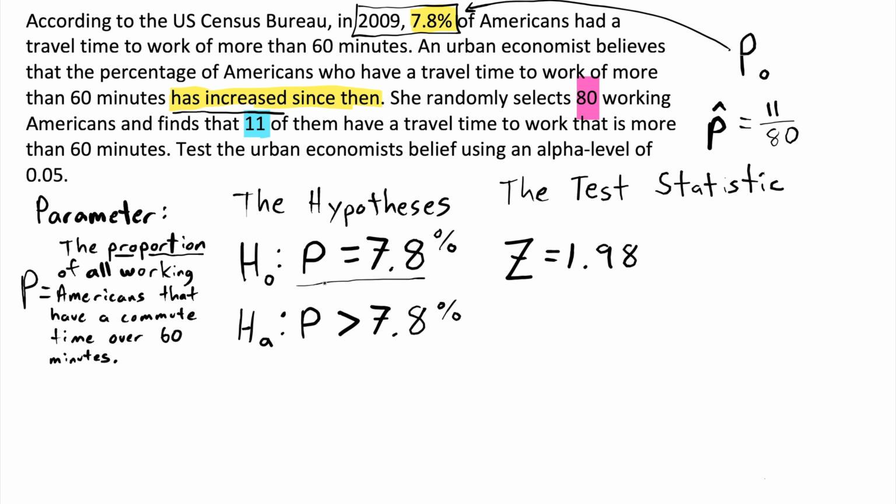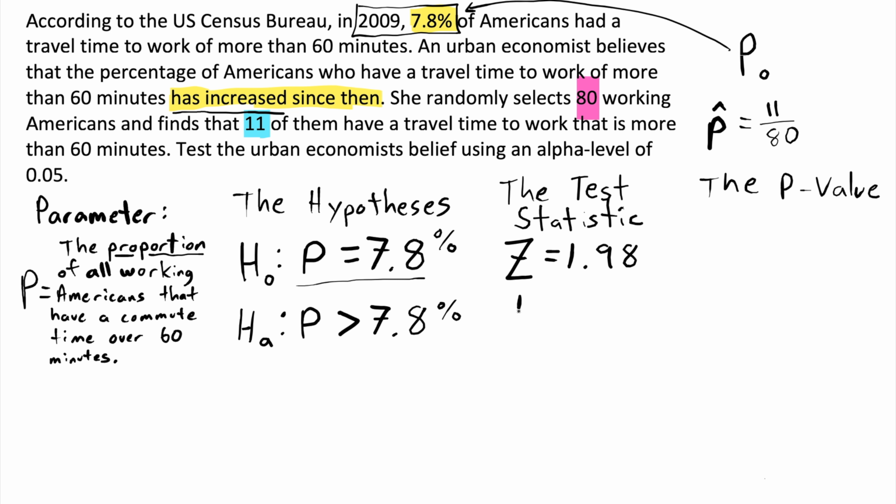So if 7.8% of working Americans currently have a commute time more than 60 minutes, the result of getting 11 out of 80 that have a commute time of more than 60 minutes is about 2 standard deviations above what we would expect. So that's a little unusual. And what we're going to do next is find what's called the p-value that quantifies exactly how unusual it is to be about 2 standard deviations above what you expect.